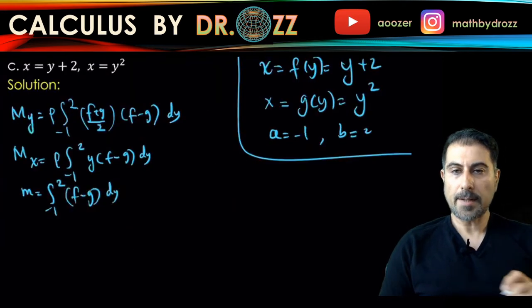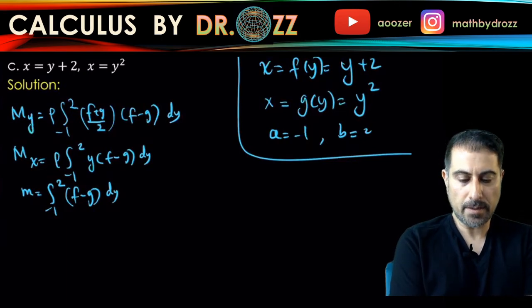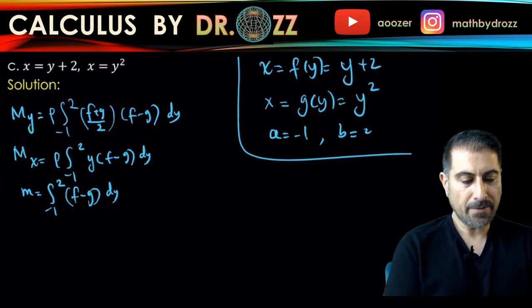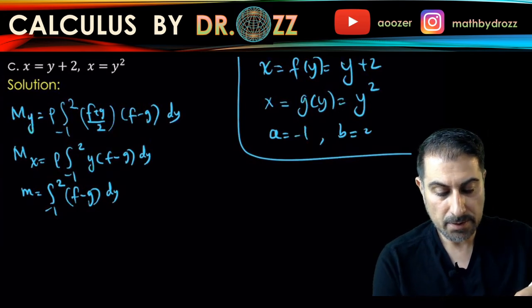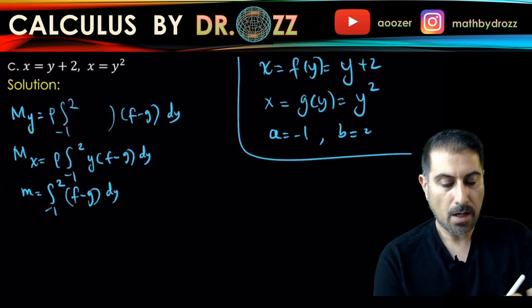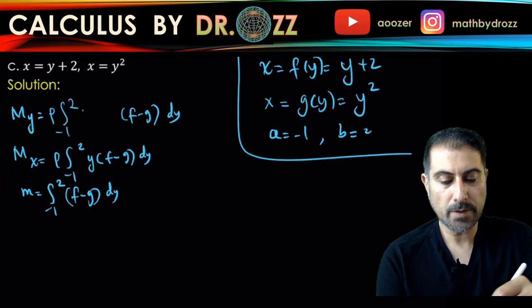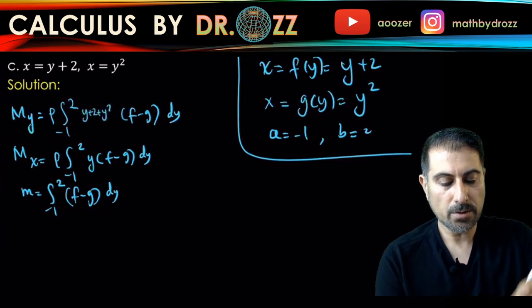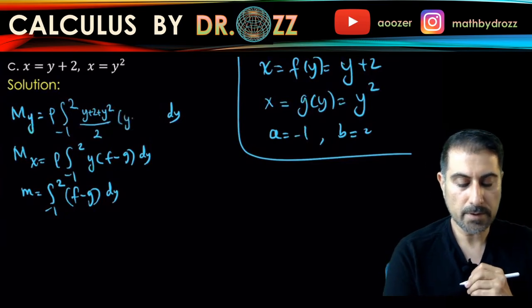All right, so I copied everything down here, and now we can go ahead and put the f and g back into the formulation. So let me just clean this up first. So this is f plus g over 2, so it's going to be y plus 2 plus y squared over 2, and f minus g is going to be y plus 2 minus y squared, okay?